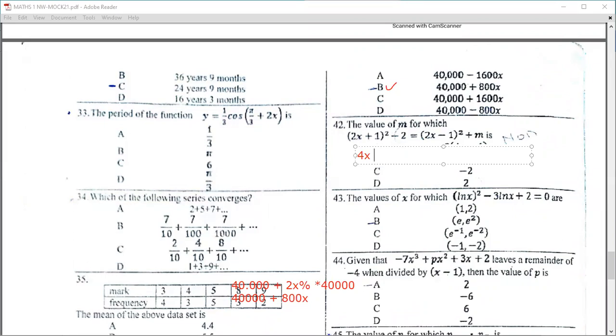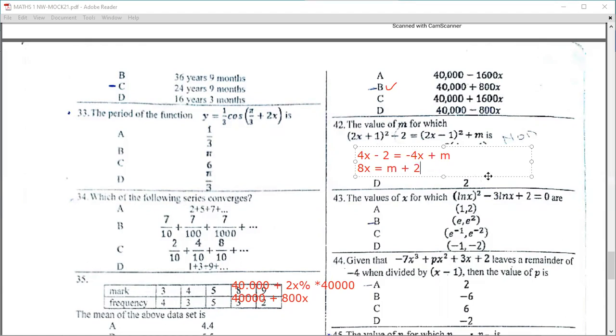Then we have minus 2 should be equal to minus 4x plus m. So at this point, we'll have 8x equal to m plus 2.